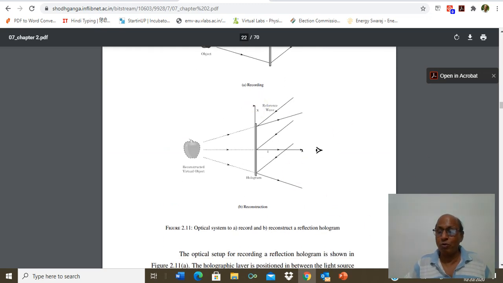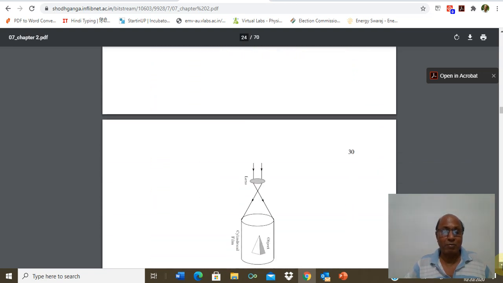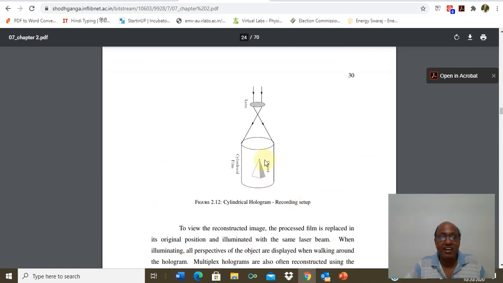Reflection and transmission type holograms we have already discussed many times. The cylindrical hologram is very interesting. Here the recording plate is in a cylindrical form. It surrounds the object and the lens is in this direction.